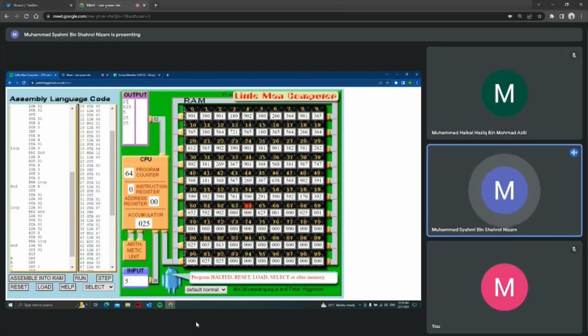So 25 means A plus B, and then this one is A plus B power of 2. This one is C minus D. So 25 is C minus D times E. So here is our final operation, divide.